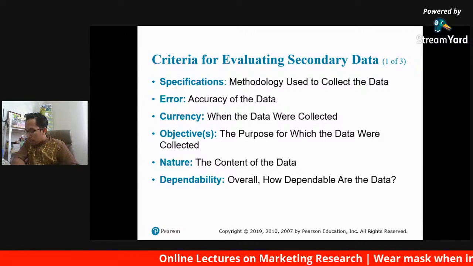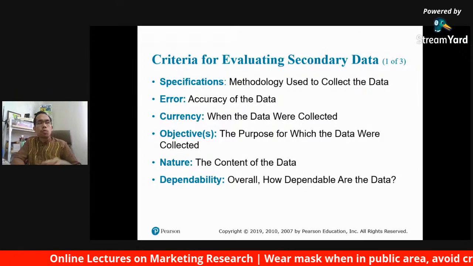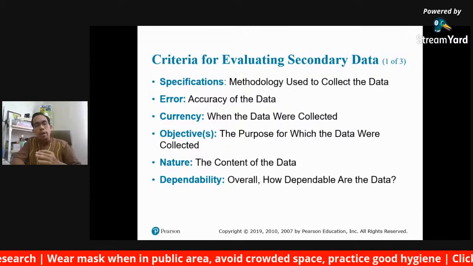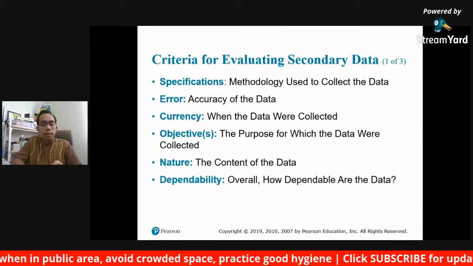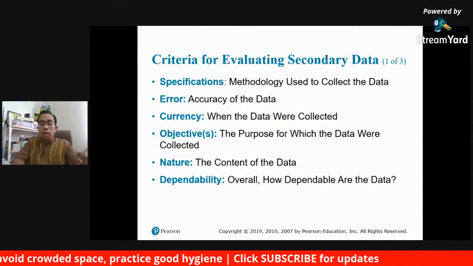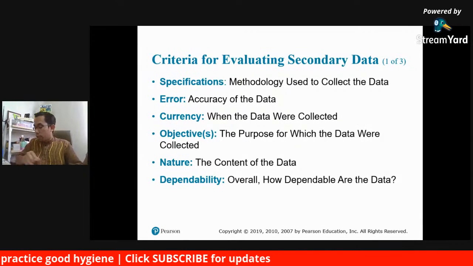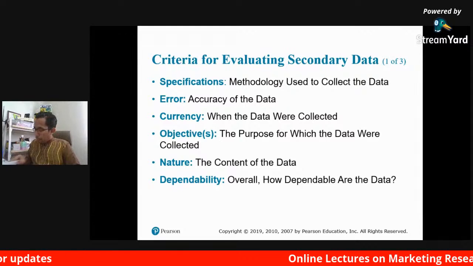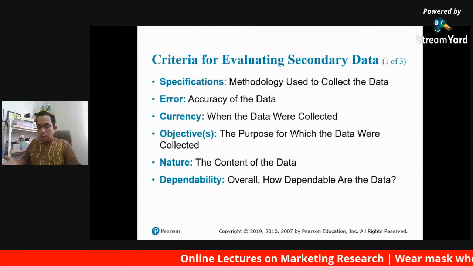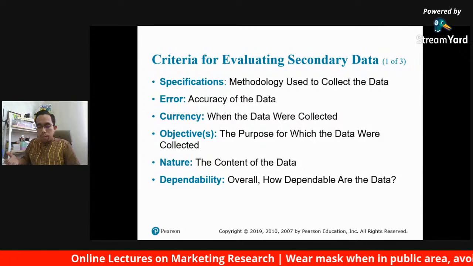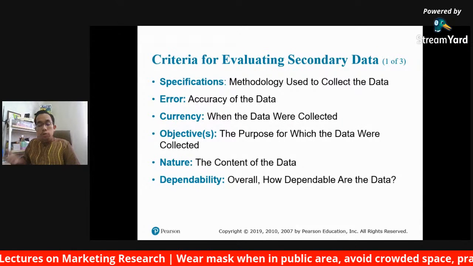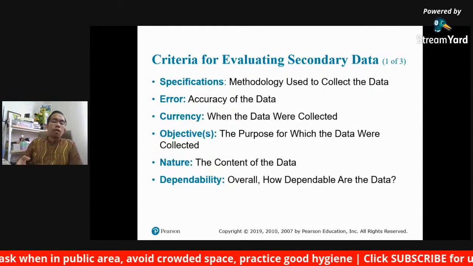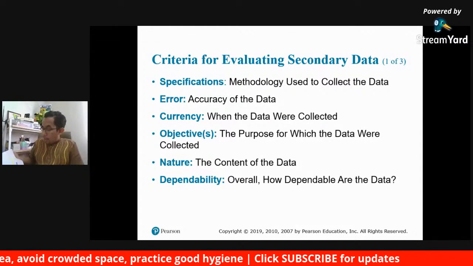So it's not completely current or dependable. Maybe it was 2 years ago. Our current problem might not be related fully with what happened 2 years ago. So that's something we consider a major, huge consideration in taking secondary data as part of a supportive argument.